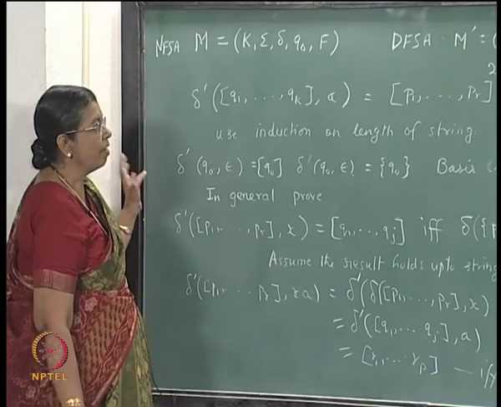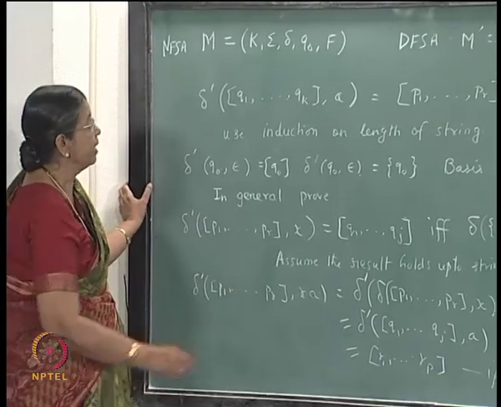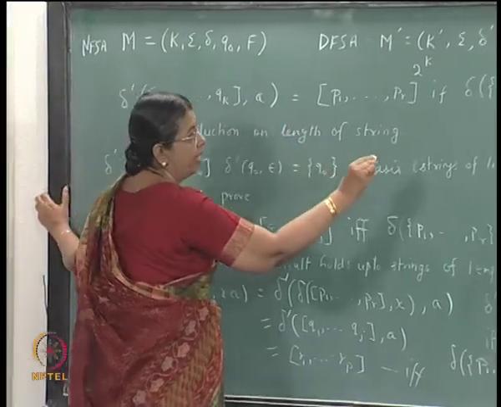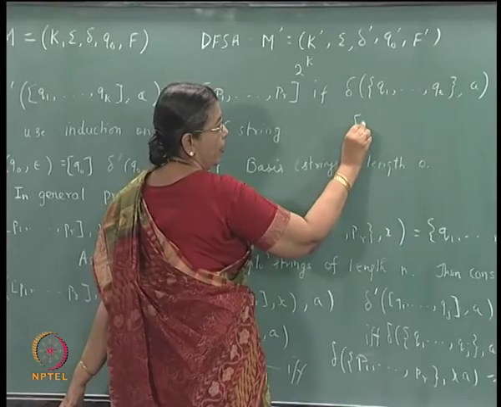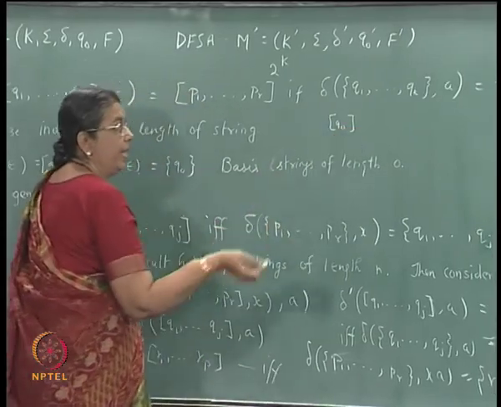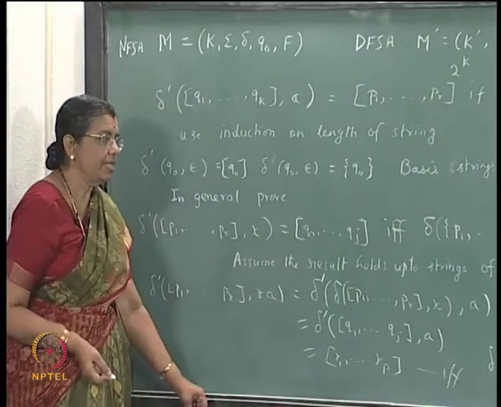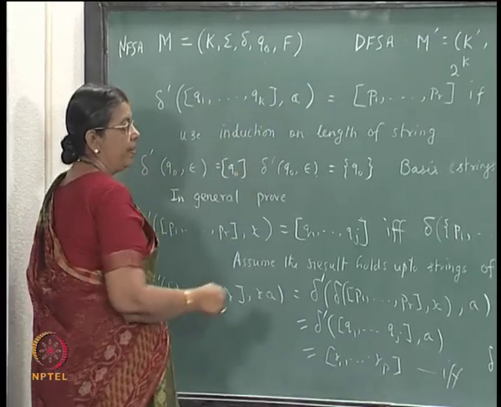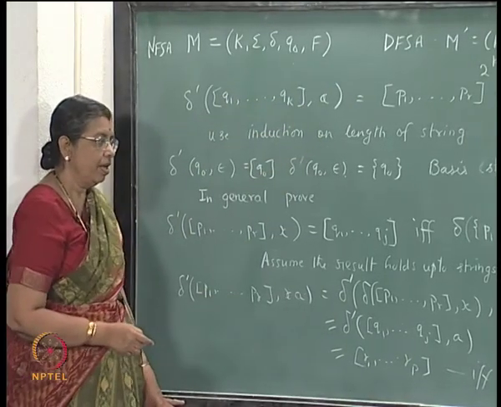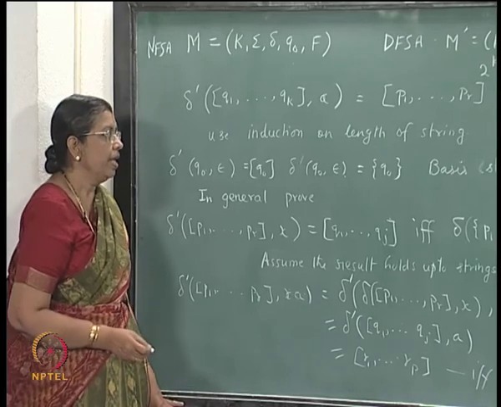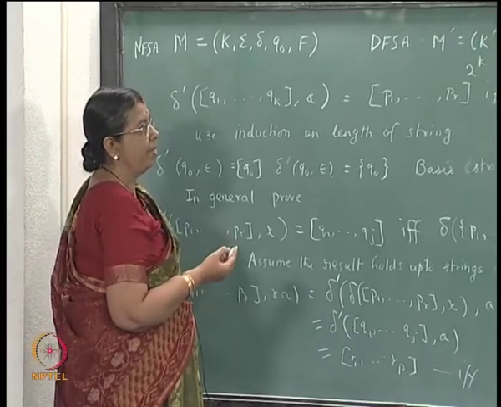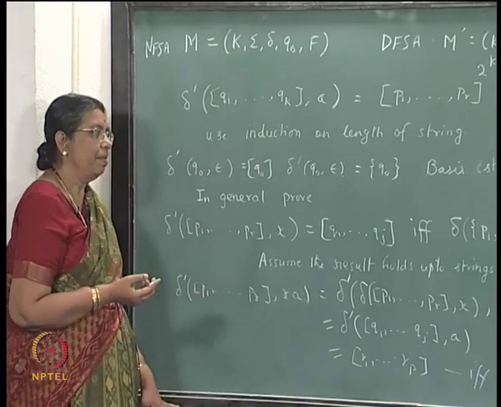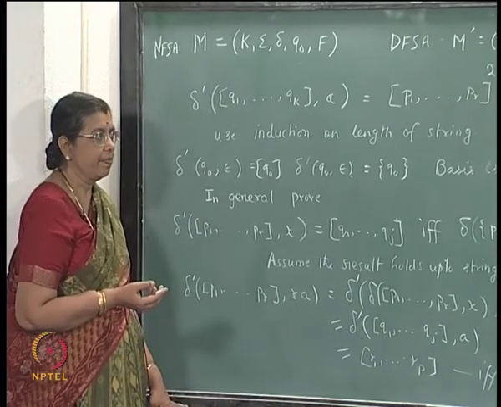So, when you start with the initial state here, it is Q naught, here it is the single subset containing Q naught, and any subset containing a final state will be a final state in the deterministic automaton. So, you can show that if a string is accepted by the non-deterministic automaton, then it will be accepted by the deterministic automaton and vice versa.